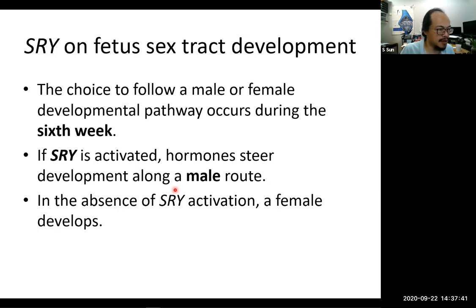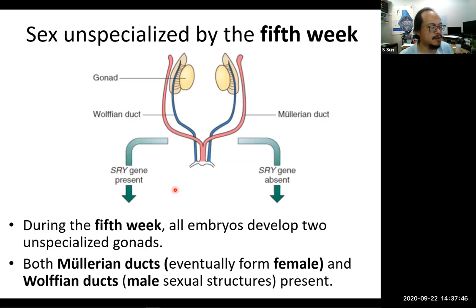So let's see how it works. How does it develop into sex differentiation? By the 5th week, which is halfway through the embryo development, the body has this organ that contains the gonads.